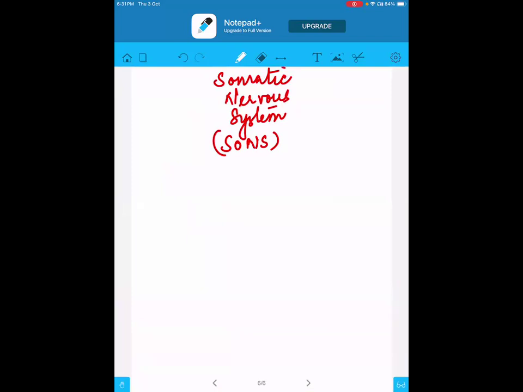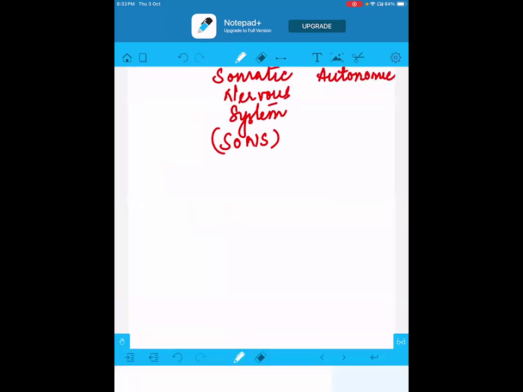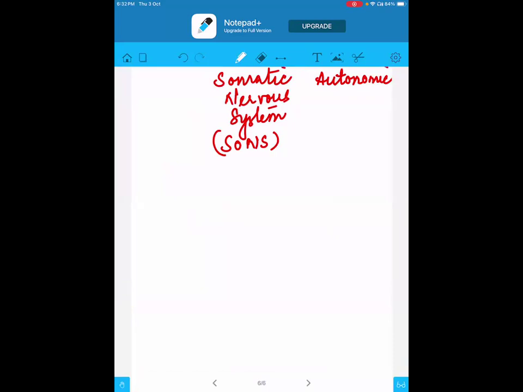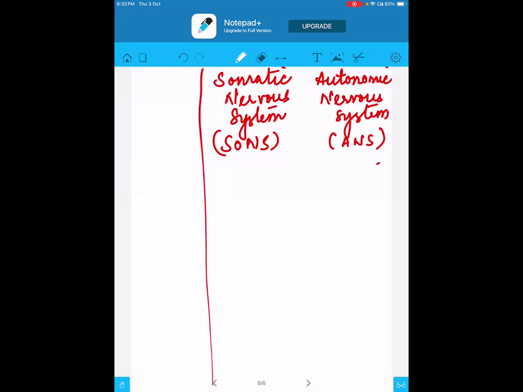In that case, you should write somatic nervous system. The second one is the autonomic nervous system, denoted by ANS. So, somatic nervous system and autonomic nervous system.